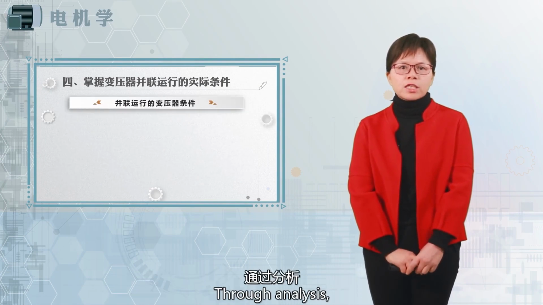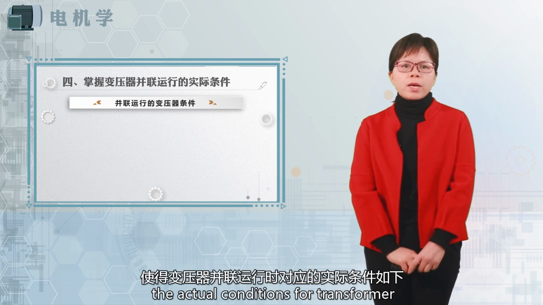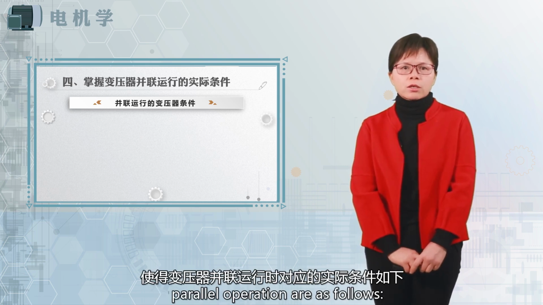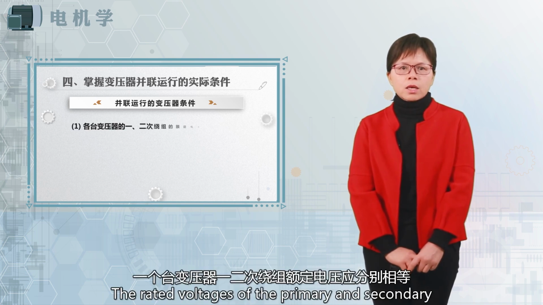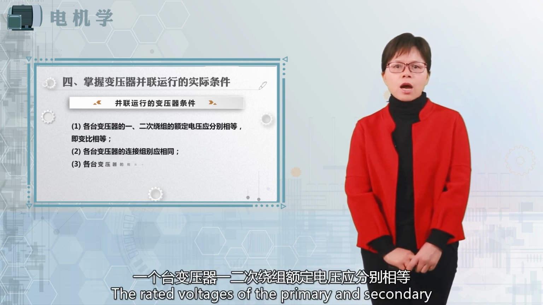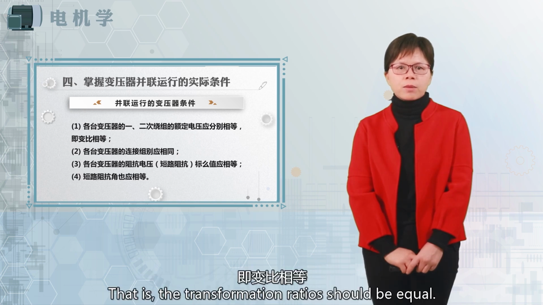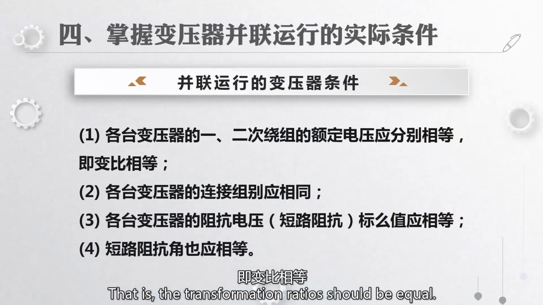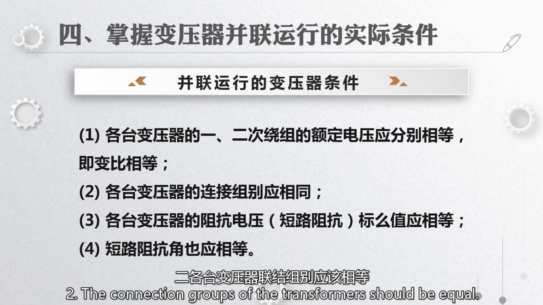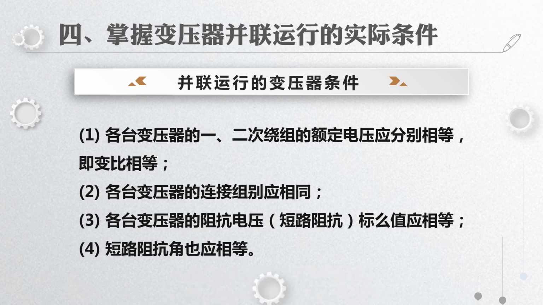Through analysis, the actual conditions for transformer parallel operation are as follows. 1. The rated voltages of the primary and secondary windings of the transformer should be equal. That is, the transformation ratios should be equal. 2. The connection groups of the transformers should be equal. 3.